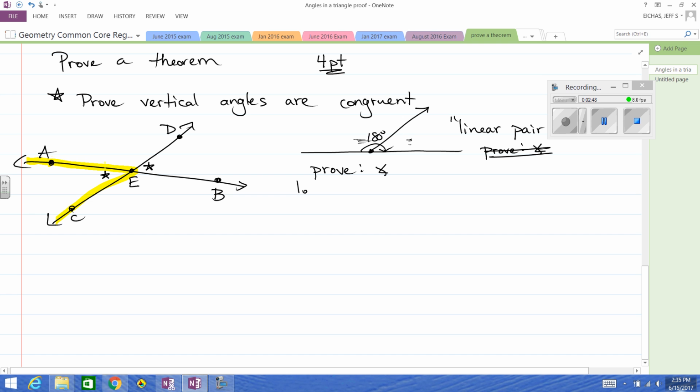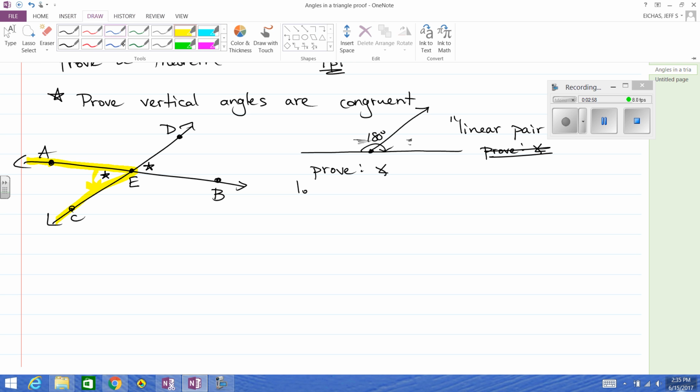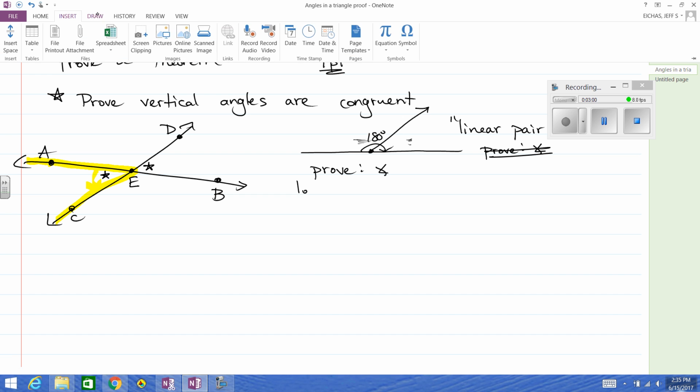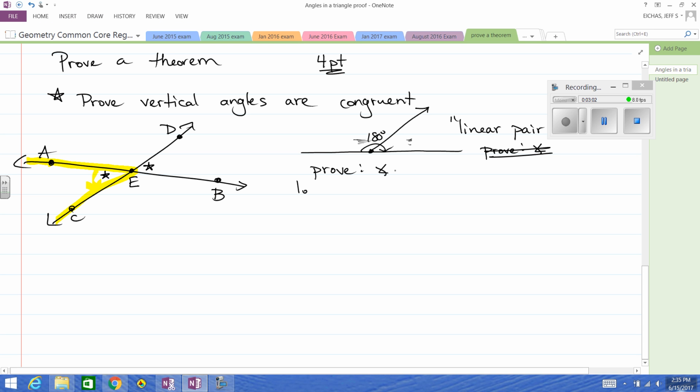You're going from A to E, and then you're going off to C to create that angle. That's how the three-letter path works. So we're going to prove that angle AEC is congruent to angle BED. And that's your vertical angles theorem.